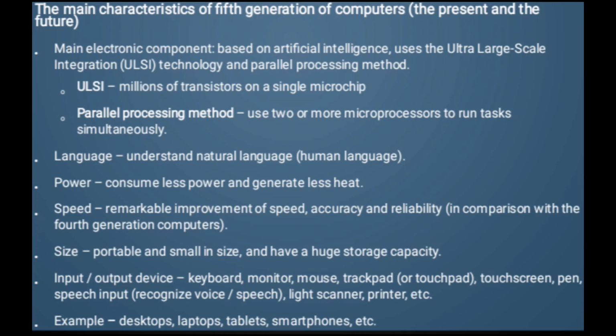Power: consumes less power and generates less heat. Speed: remarkable improvement of speed, accuracy, and reliability in comparison with fourth generation computers. Size: portable, small in size, and has huge storage capacity.